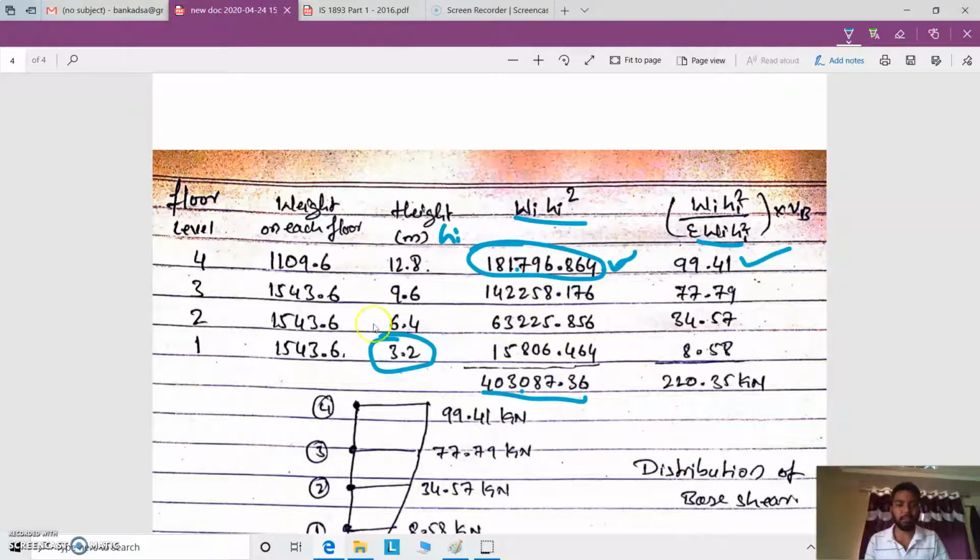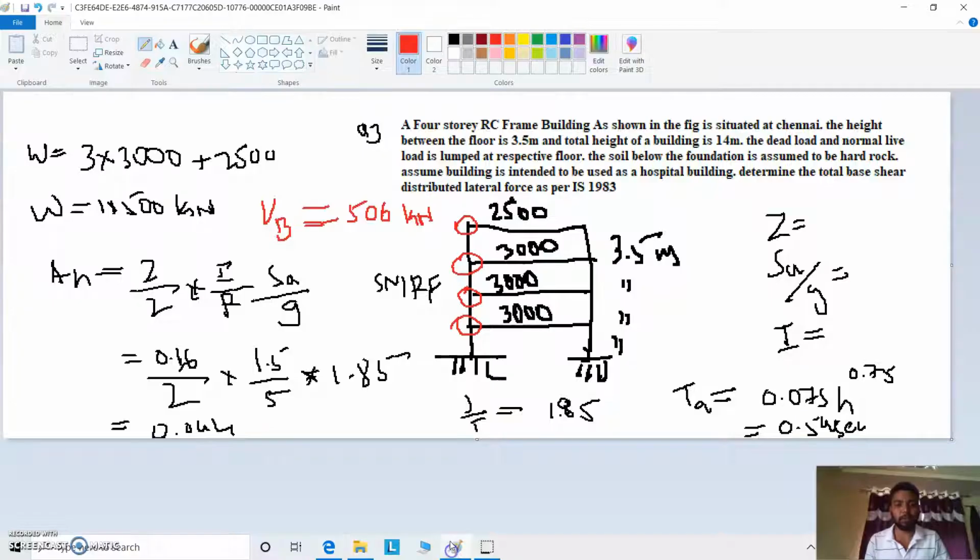The same procedure has to be followed in this question also. So here the roof load is 2500 and the floor load is 3000, and the floor heights will be 3.5, 7, 10.5 and 14.